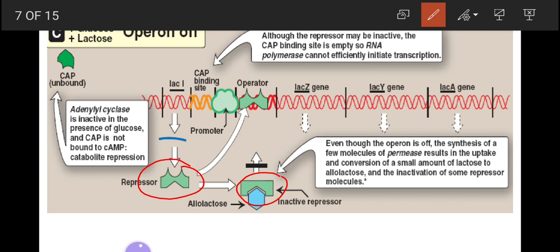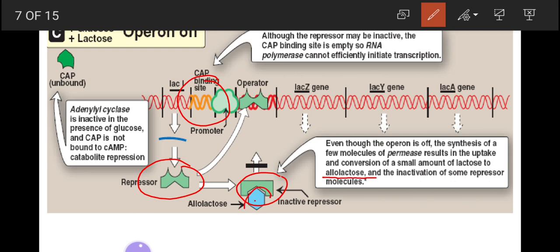Also, adenyl cyclase is inactive as glucose is present, so efficient starting of transcription is not possible. Although the repressor may be inactive, the CAP binding site is empty, so the RNA polymerase cannot efficiently initiate transcription. Even though the operator is off, the synthesis of a few molecules of permease results in uptake and conversion of a small amount of lactose to allolactose.